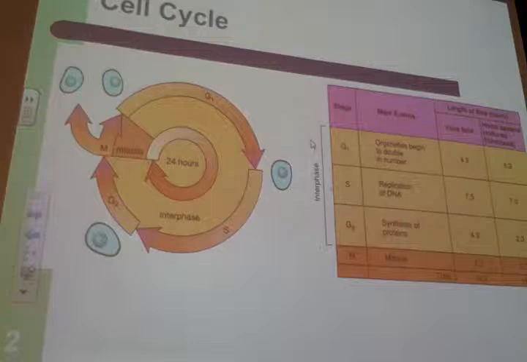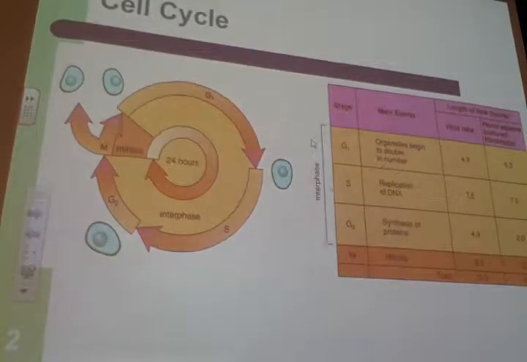Those are the specific ones they mean here. So a little bit more growth, and a prep to divide. It's not a bad way to think about the G2 phase.